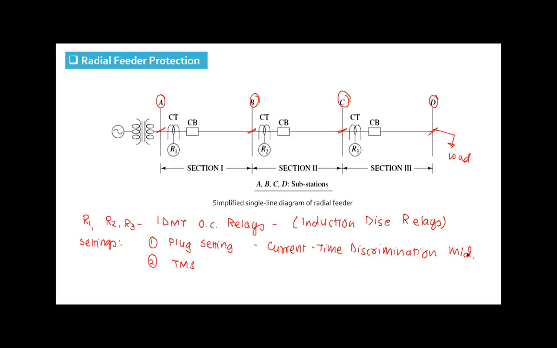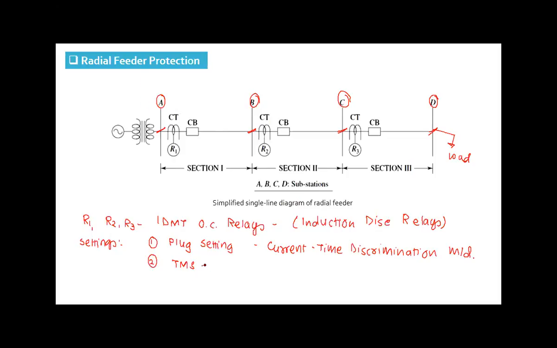Now, as per the current time discrimination method, what is the rule? The rule is that for the plug setting, the pickup of the relay should not be less than the maximum normal rated load current plus some overload. Okay, we have seen that. Second, the relay shall reach at least up to the end of the next protected zone. Okay.